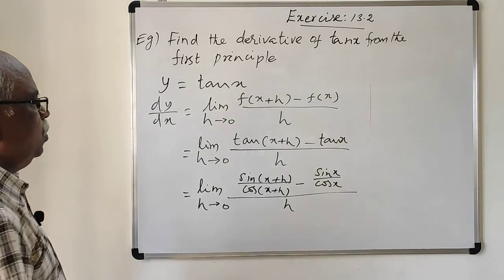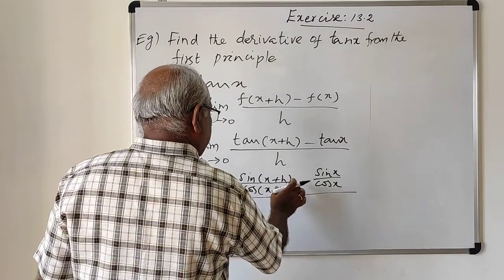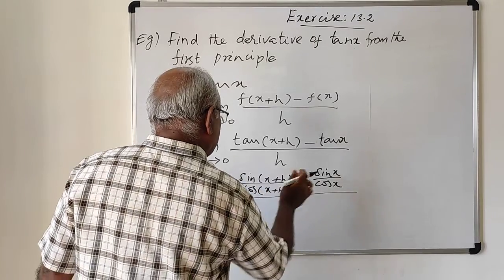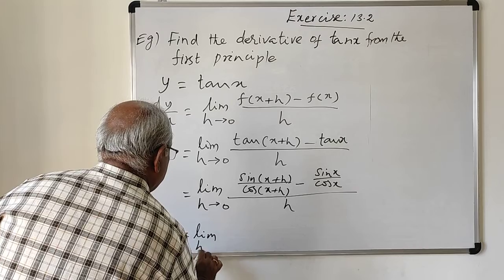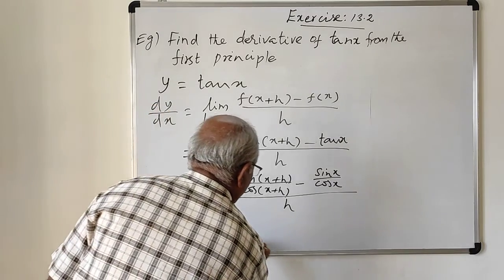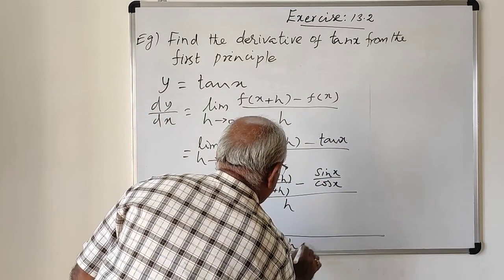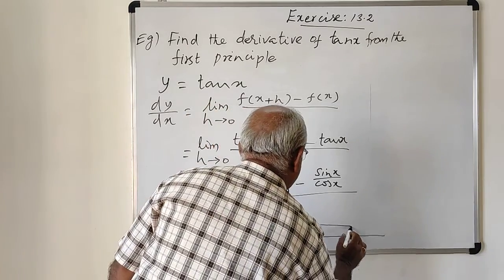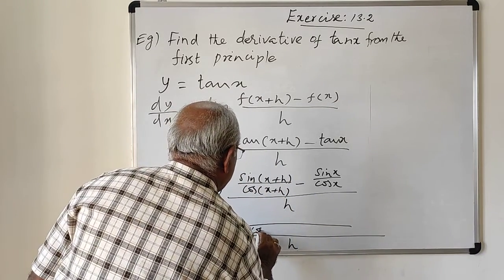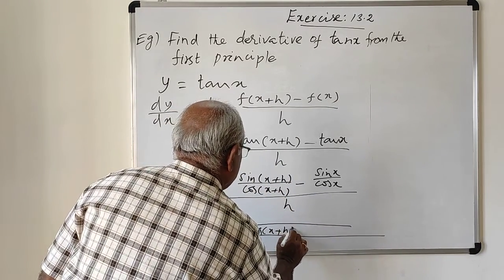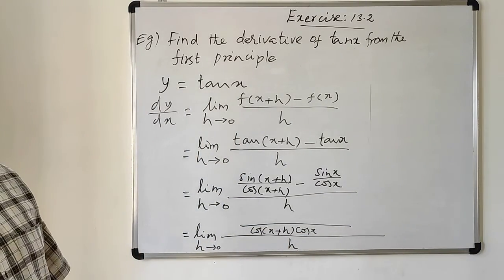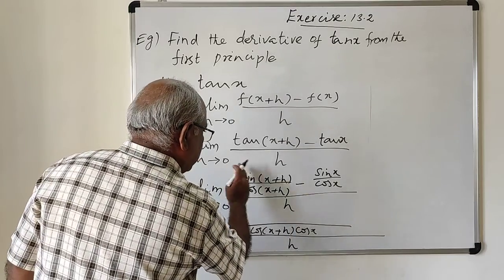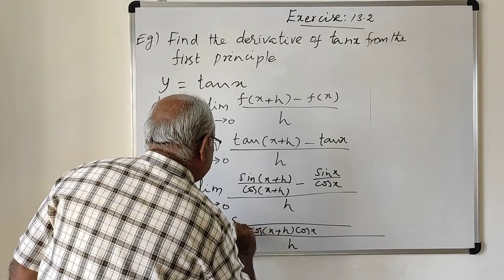Now consider the numerator. Taking LCM as cos of (x plus h) into cos x, the numerator is sin of (x plus h) into cos x.